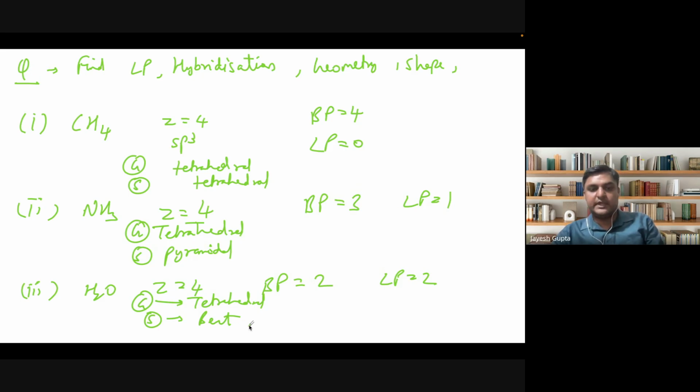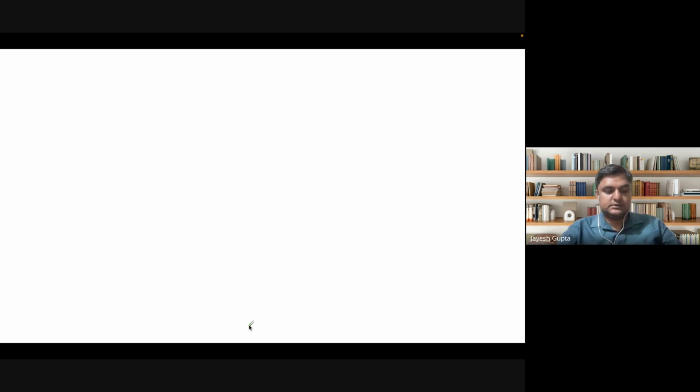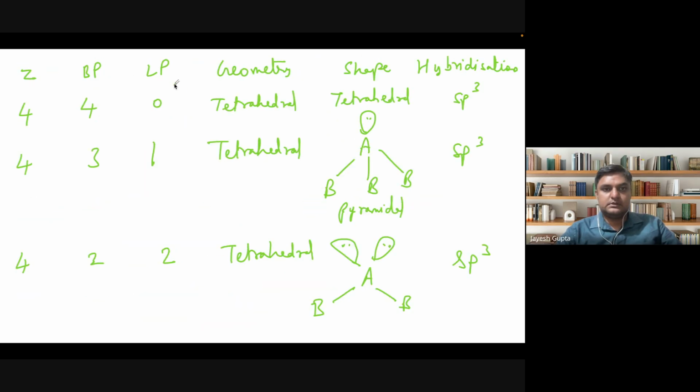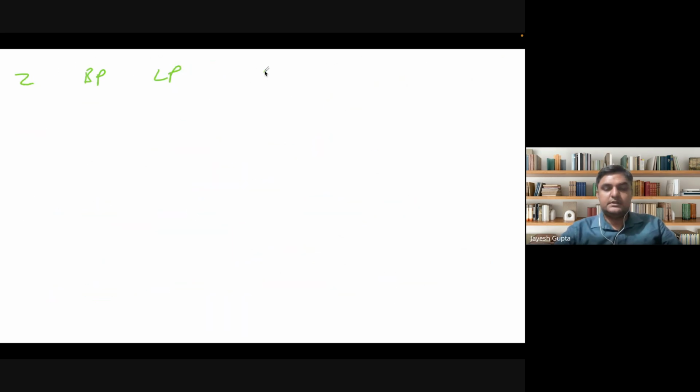So next we are going to take Z is equal to 5. Okay, so let me draw this again. Z, then you are having bond pair, then you are having lone pair, then you are having geometry, shape, hybridization.